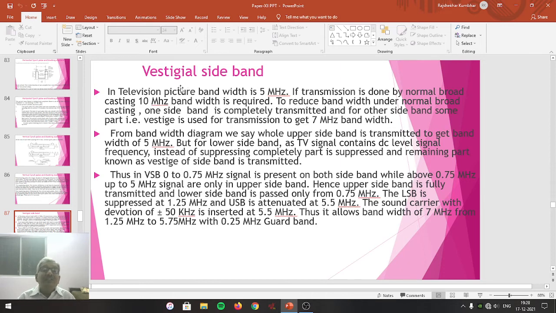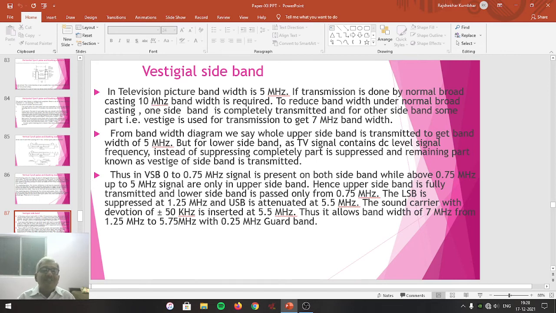So the bandwidth is reduced from 10 MHz to 7 MHz. From the bandwidth diagram, the whole upper sideband is transmitted to get the bandwidth of 5 MHz. But for the lower sideband, as the television signal contains a DC level signal frequency, instead of suppressing it completely, part is suppressed and the remaining part, known as the vestige of the sideband, is transmitted.